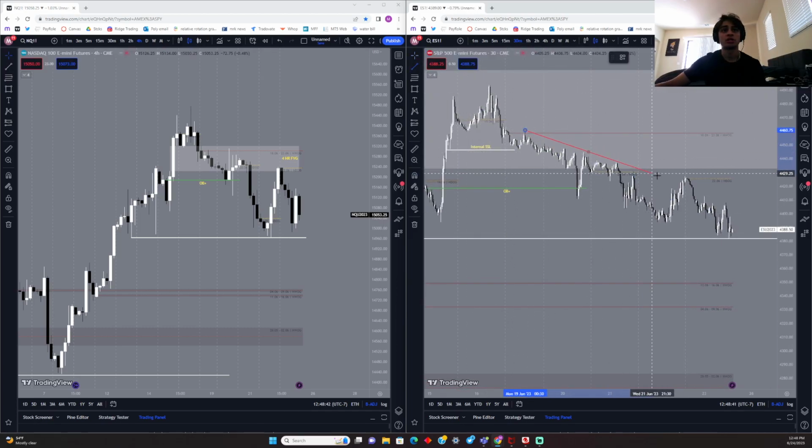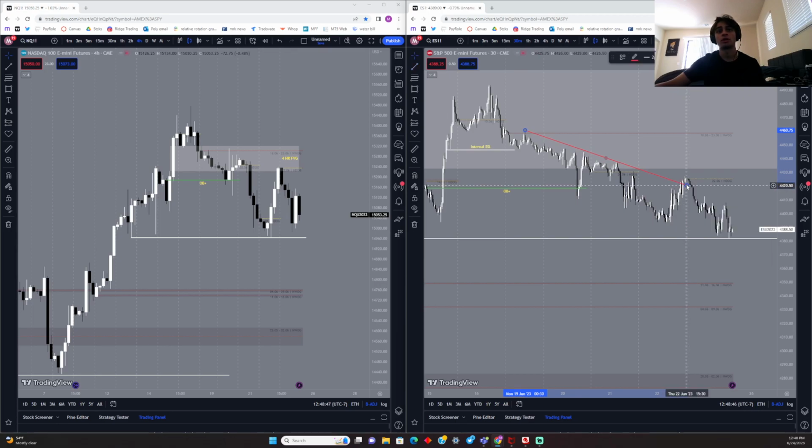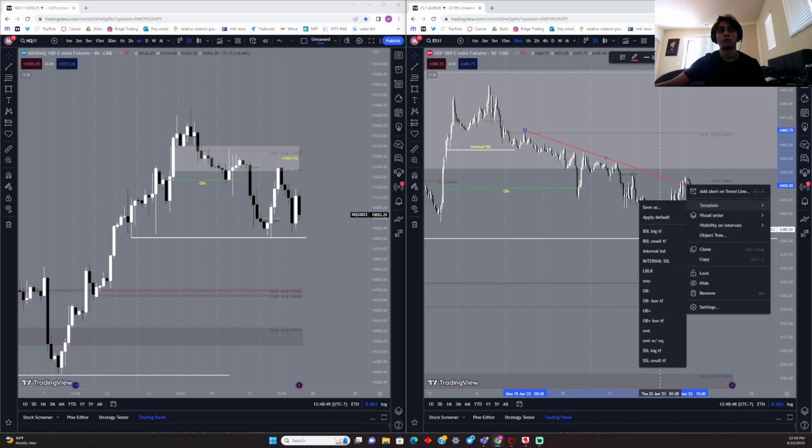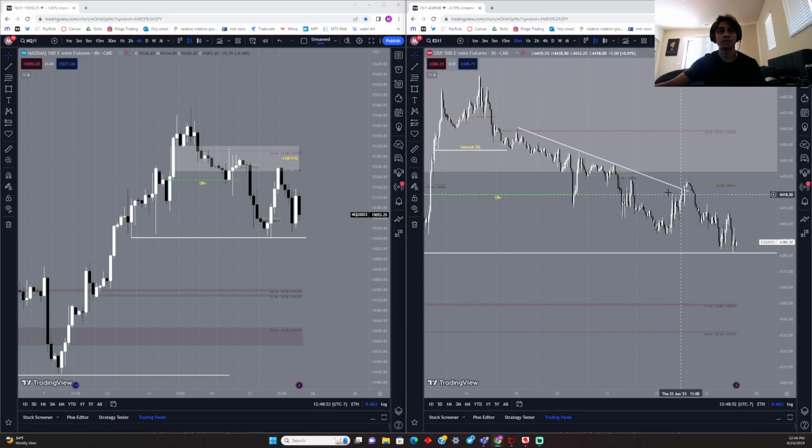Another thing to mention is we did have this trendline liquidity here, which acted very well in terms of smart money concept ideas. We came in, swept this trendline liquidity, and then continued the dump, right?